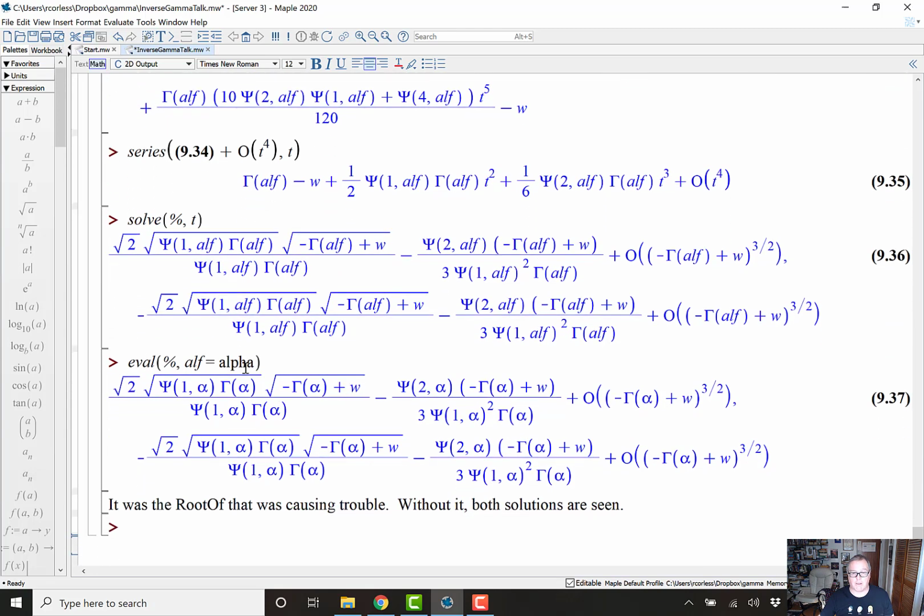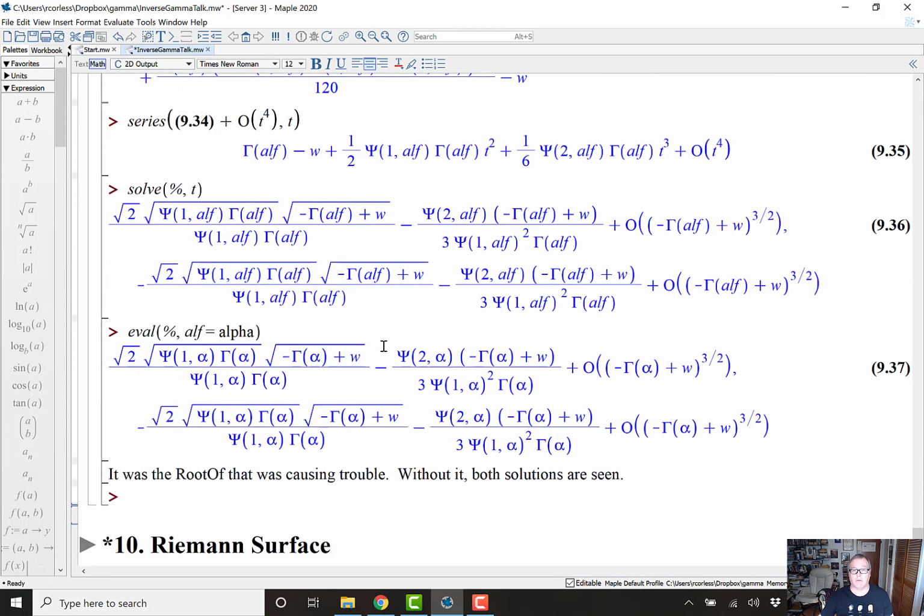And if we do that, we get both branch point solutions. With those branch point solutions, we can then start Newton's method to get the correct value of the inverse gamma for the branch that we want.